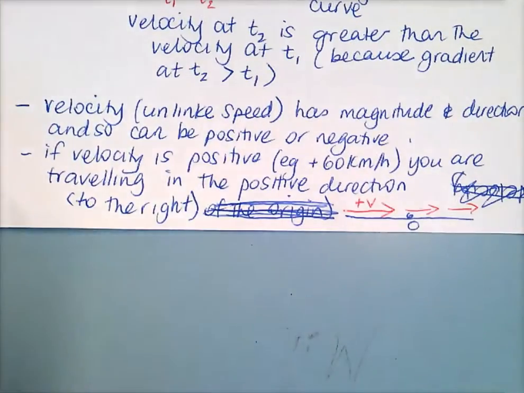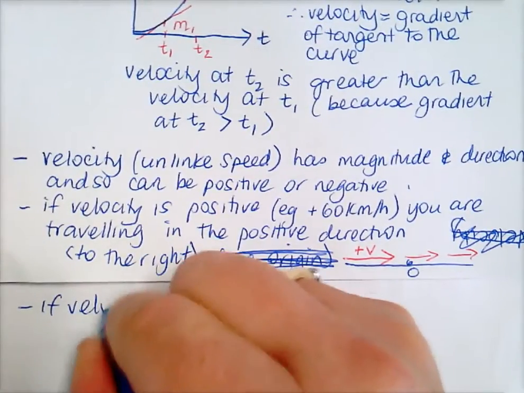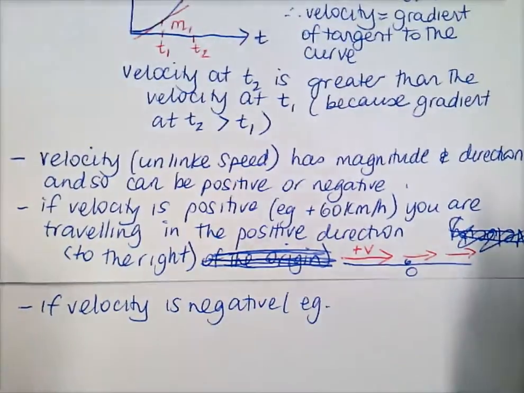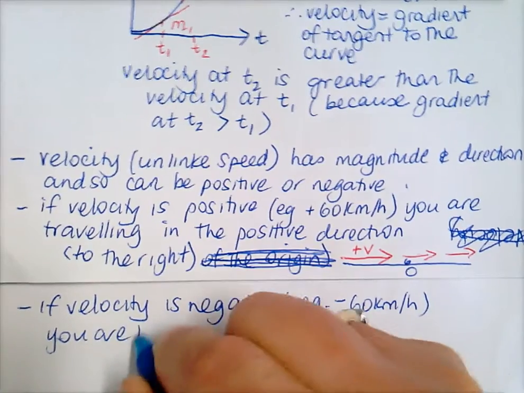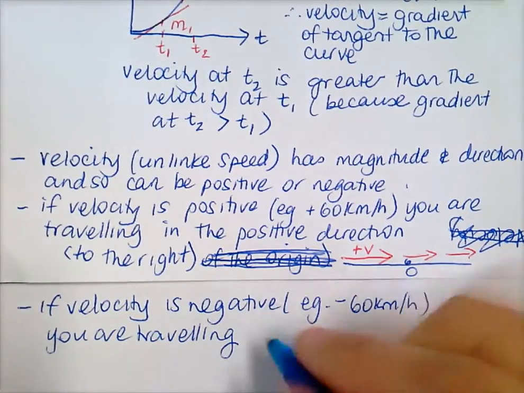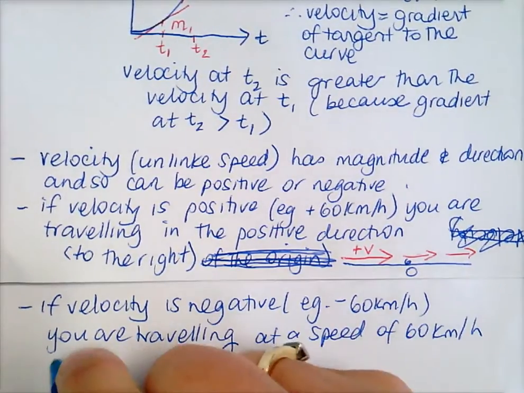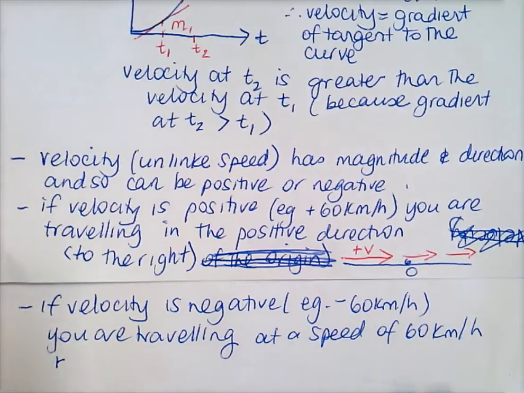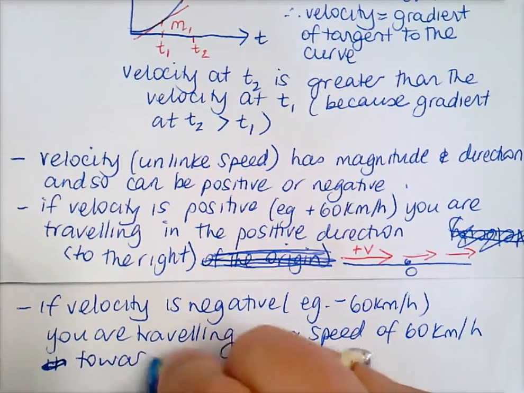Okay, so got that. So if velocity is negative, for example, negative 60 kilometres per hour, that means you are travelling at a speed of 60 kilometres per hour, but heading towards the left.